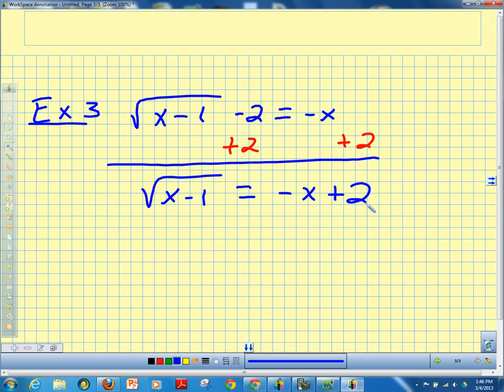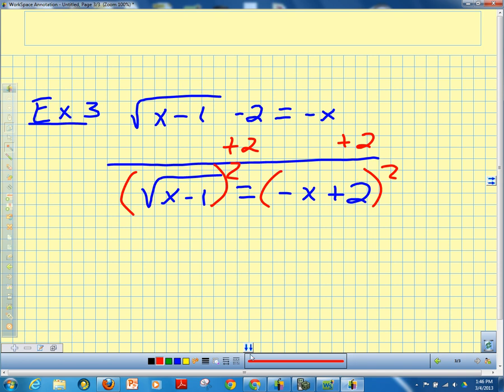So I have to undo the square root by squaring. The cardinal mistake is to take that 2 and distribute it. Don't do that. You get it wrong.